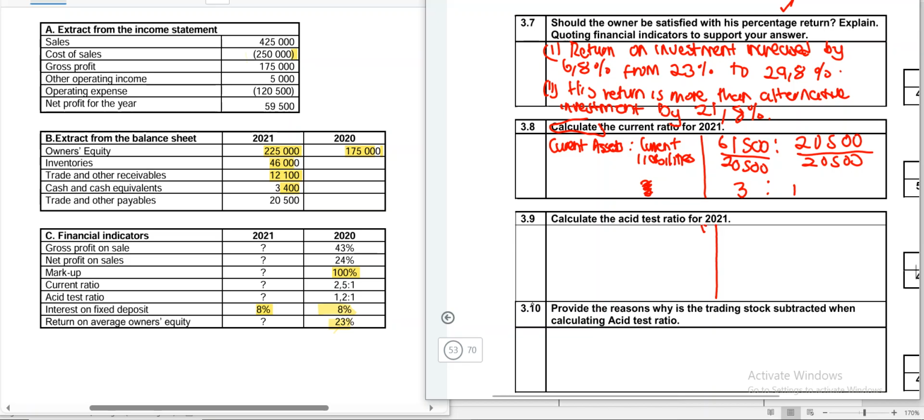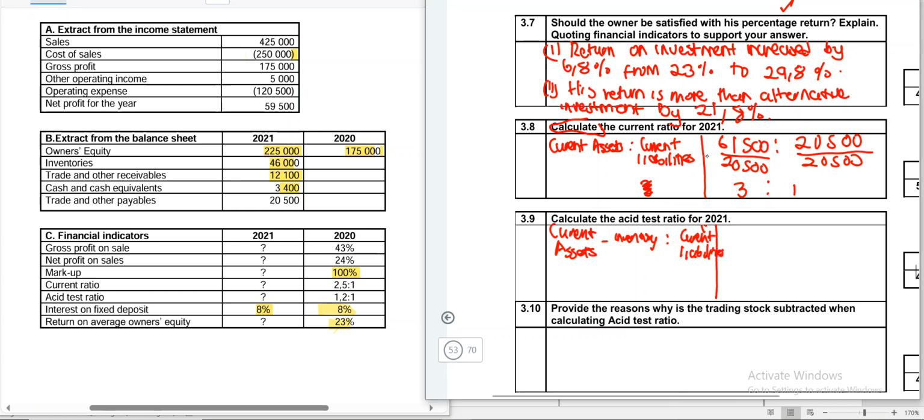Hence we make sure that in that calculation we don't include inventory. So the formula says current assets, then we subtract inventory, and then we compare it to our current liabilities.